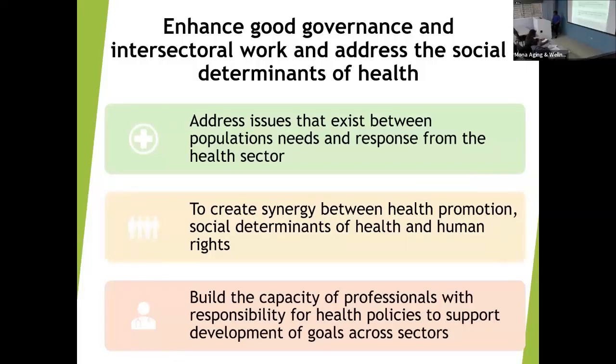When we look at the whole business of good governance and intersectoral work and addressing the social determinants of health, we need to address issues that exist between the population's needs and the response from the health sector. And we have to remember that there's a thing called felt need and normative need. Normative needs tend to come from the persons who are working in health.